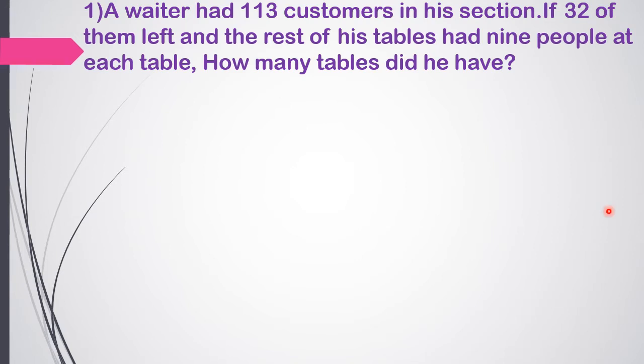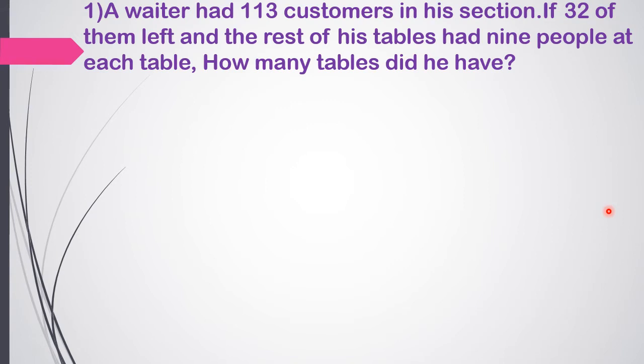Okay, so in a hotel, 113 customers are there. Waiter means who served the food. If 32 of them left, means they had gone. So 32 people had gone to their home or anywhere. 32 people came out from that hotel.